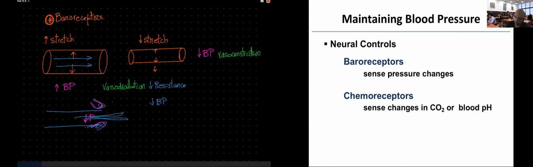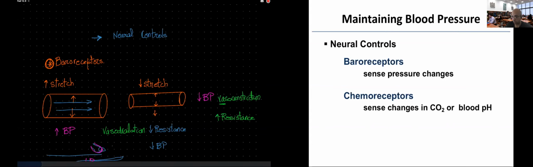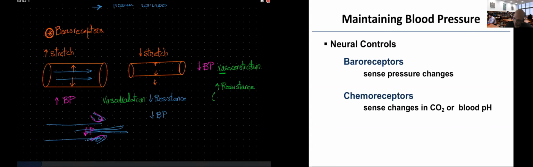And as you vasoconstrict the arterioles, what's going to happen? You increase resistance, and as you increase resistance, remember, your blood pressure goes up. So I would have an increase in resistance, and as a result, you're going to have an increase in the blood pressure back to normal.